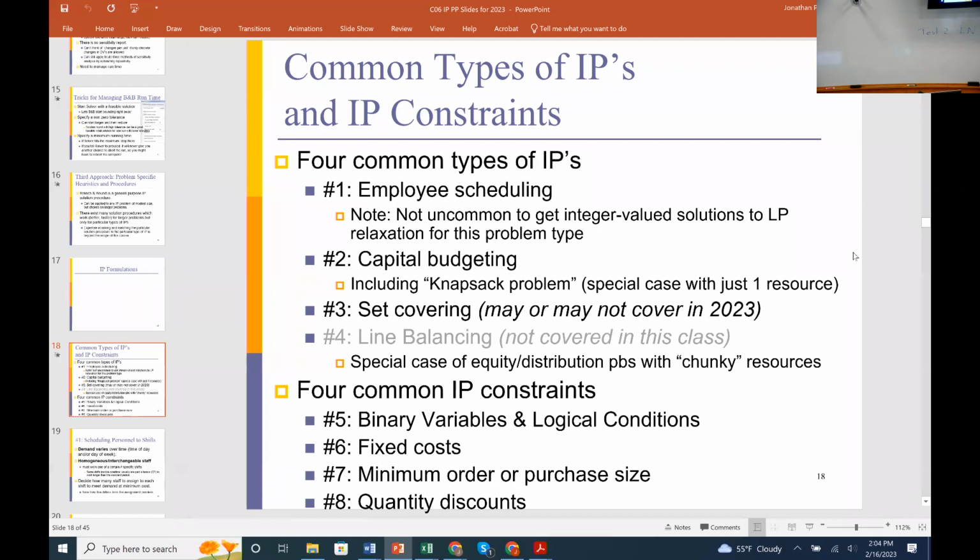If I say product mix, you immediately think Howie. If I say employee scheduling, you immediately think Snookers. And what are Snookers type problems?